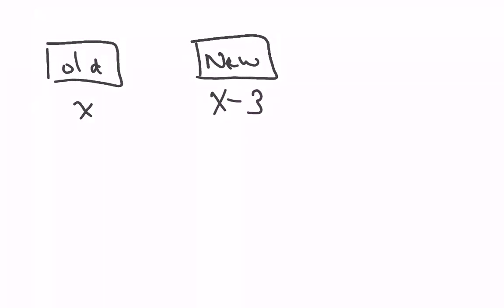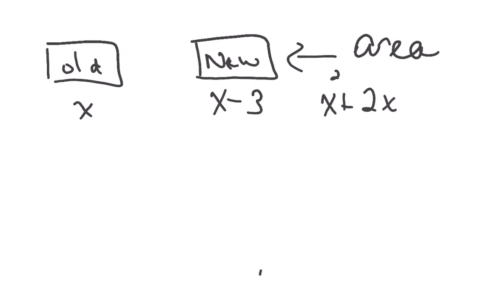What else do we know? The area of the new rug is x squared plus 2x minus 15 inches squared. Describe the width of Moira's new rug in terms of the length of her old rug. So what does that mean?